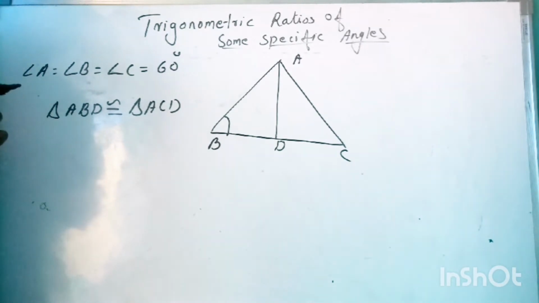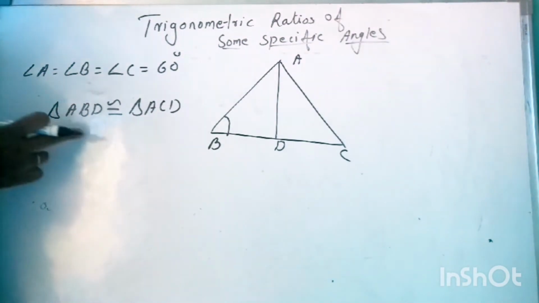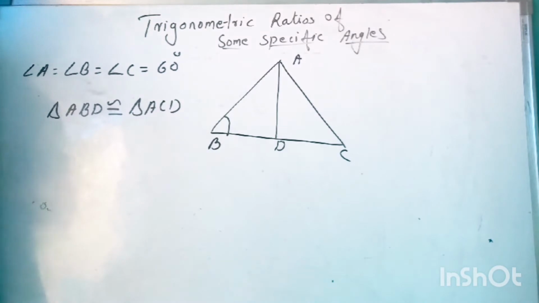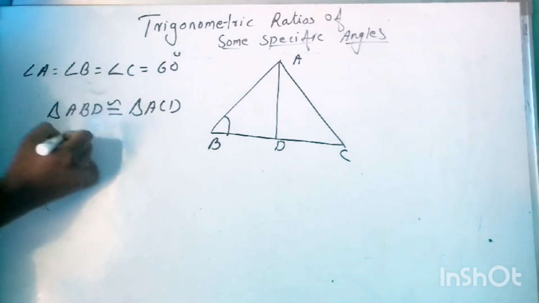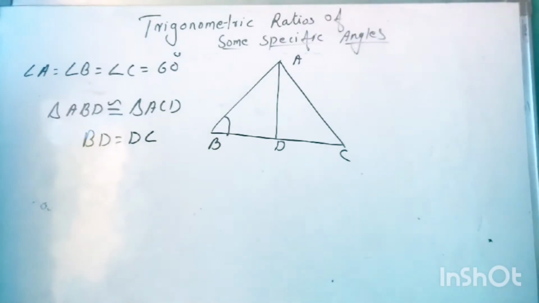ACD. Okay. Now, since triangle ABD is congruent to triangle ACD, we can say that BD equal to DC.